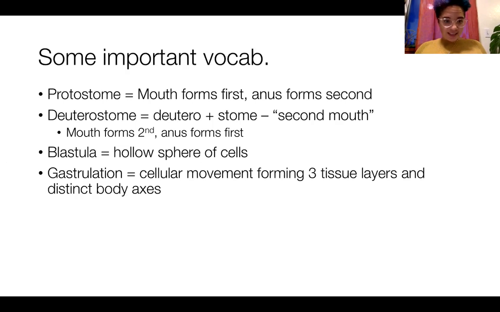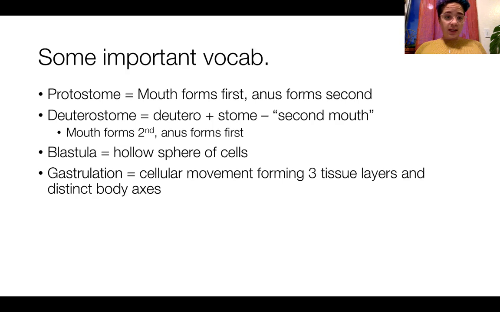Besides that, there are two other important vocab words related to the developmental stages you're going to be looking at in our sea urchins. The first one is a blastula. You'll actually get to see this. This is a developmental stage of the urchins and also chordates. All deuterostomes have this.